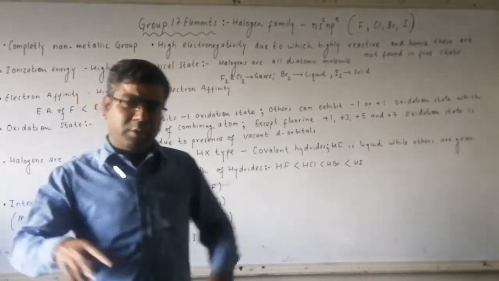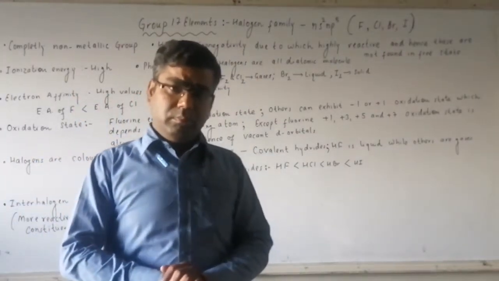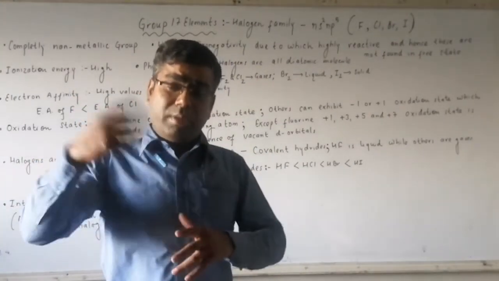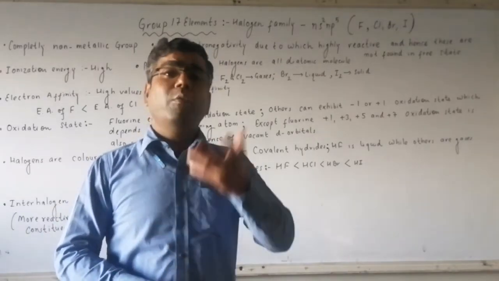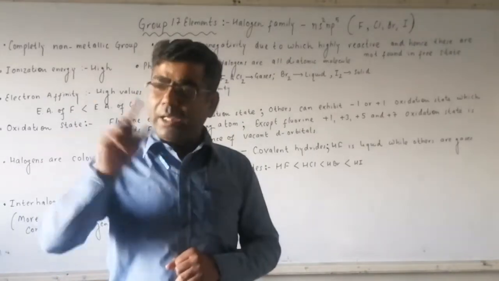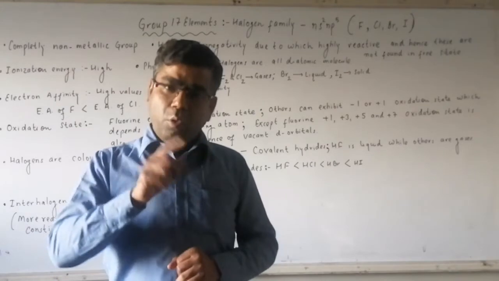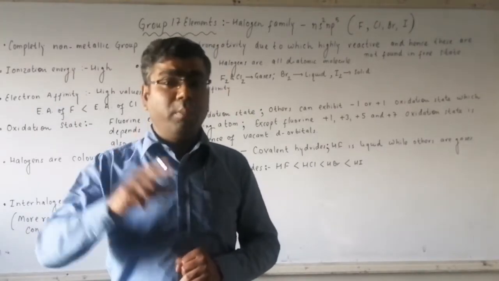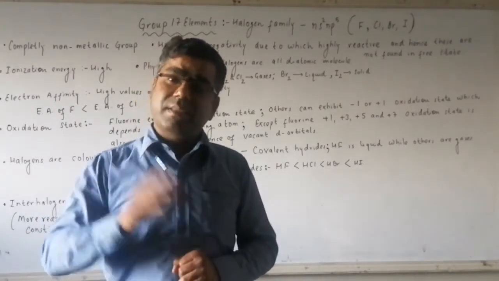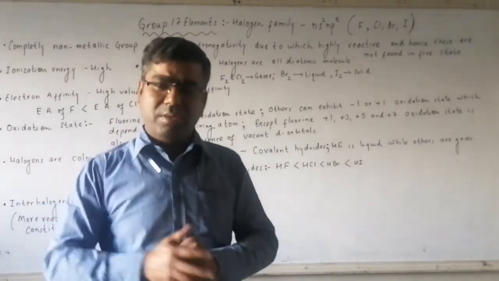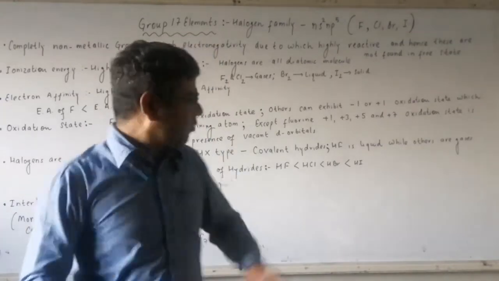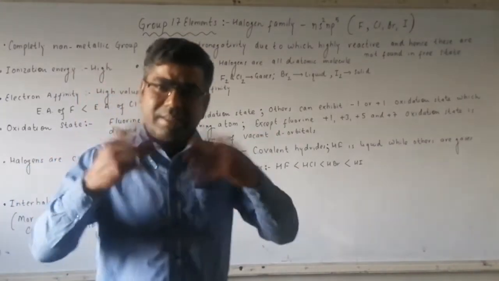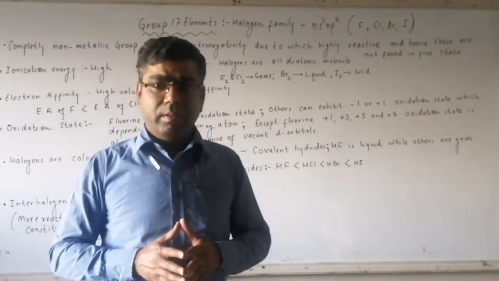Reason, if Cl is coming with oxygen, electronegativity of oxygen is more than chlorine. So what will O do? O will attract 1 electron from chlorine, as a result of which Cl will get +1 oxidation state. So +1 or -1 depends on which type of atom they are combining with.